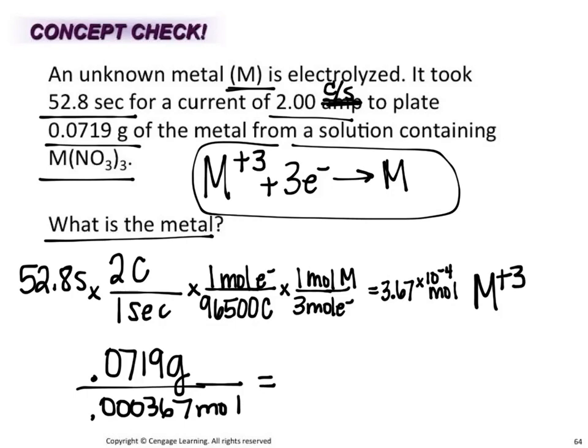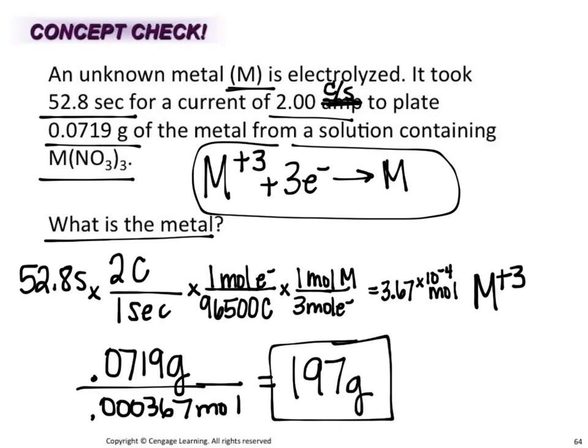What did you get? 195. I got 196.99, so we can round it to 197. So 197 grams per mole. Look at the periodic table and tell me what metal that is. Gold.